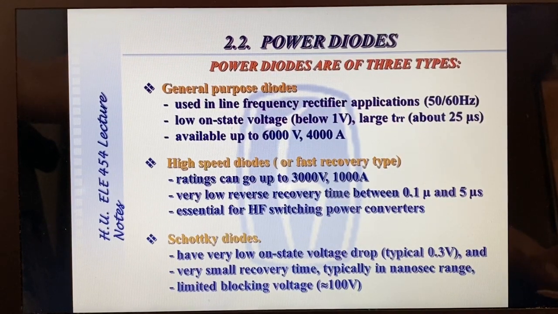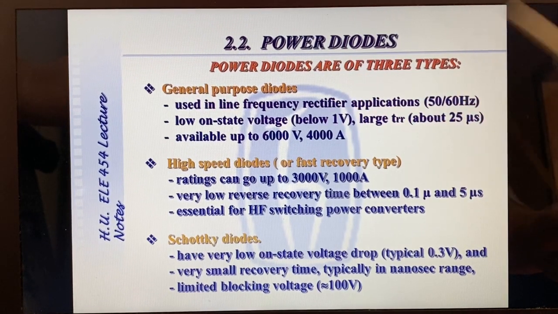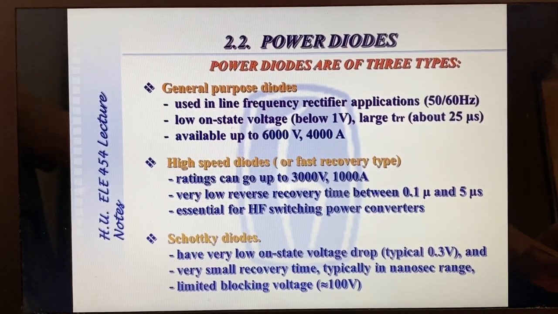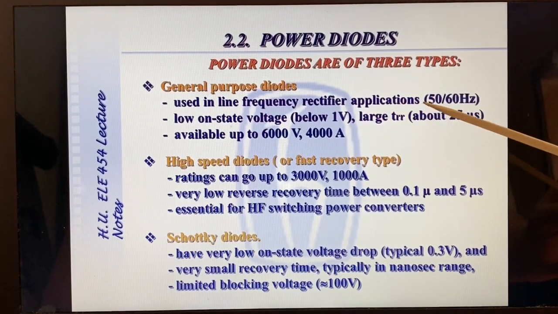So there are three types of power diodes: general purpose diodes, high-speed diodes or fast recovery and ultra-fast recovery types, and Schottky diodes. These are used in power electronics applications. The general purpose ones are used in line frequency rectification applications.